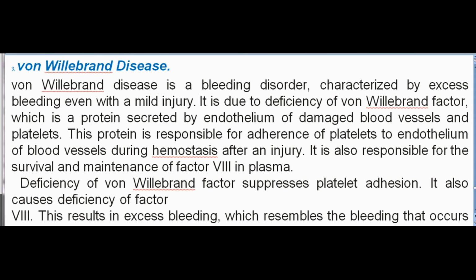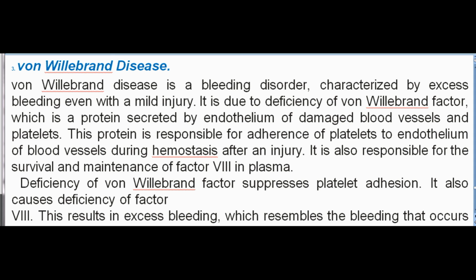Von Willebrand disease. Von Willebrand disease is a bleeding disorder, characterized by excess bleeding even with a mild injury. It is due to deficiency of von Willebrand factor, which is a protein secreted by endothelium of damaged blood vessels and platelets. This protein is responsible for adherence of platelets to endothelium of blood vessels during hemostasis after an injury.